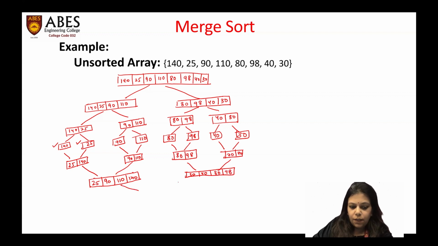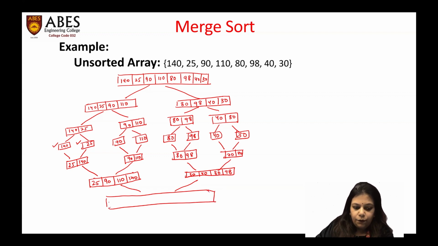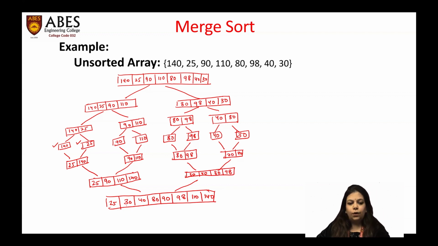Now we have to merge these two arrays, and after merging these two sorted arrays, we will get the final sorted array having the values 25, 30, 40, 80, 90, 98, 110 and 140. So we can see that the array is sorted.